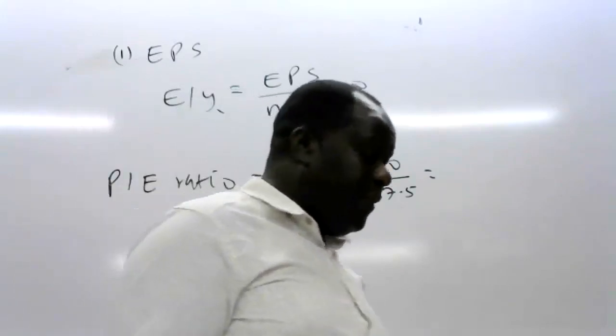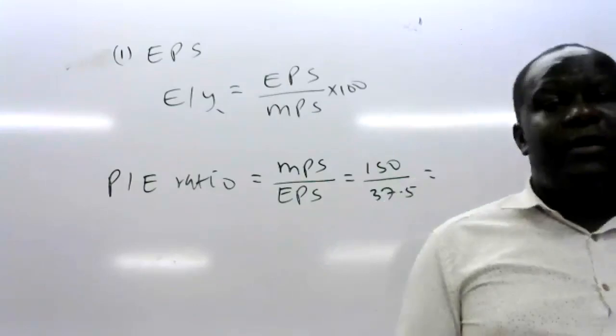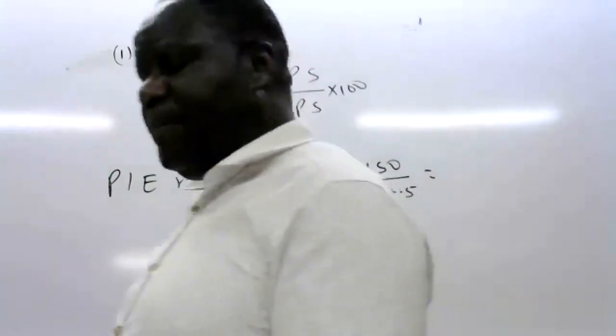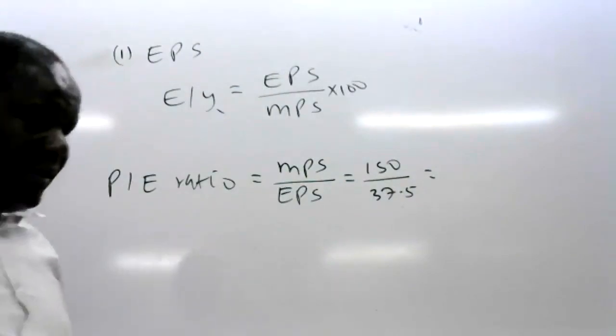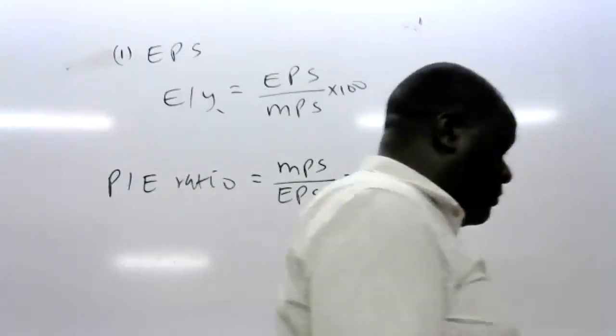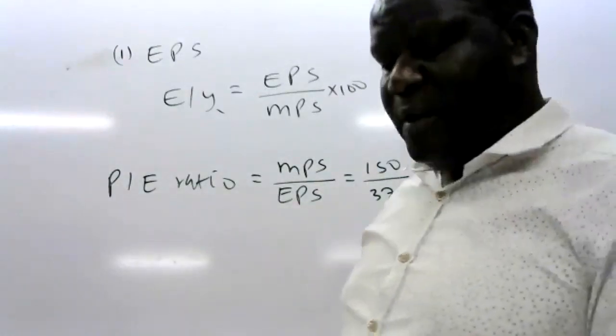They have also given you the quick ratio or acid test ratio. That is given by current assets minus stock, divided by the current liabilities.